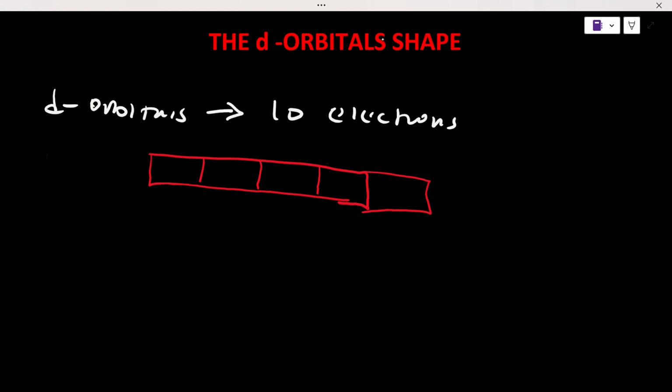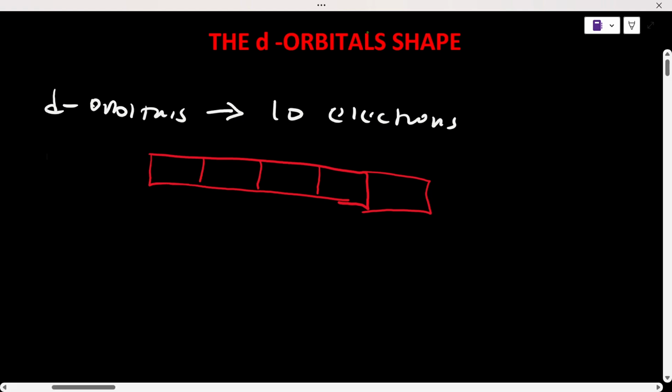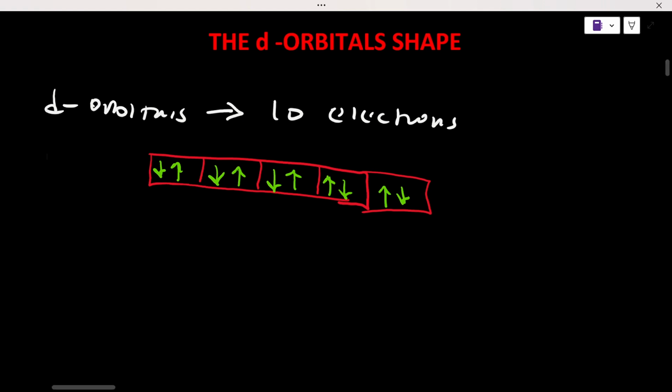So I will have a situation whereby electrons will pair. So what do we know here?